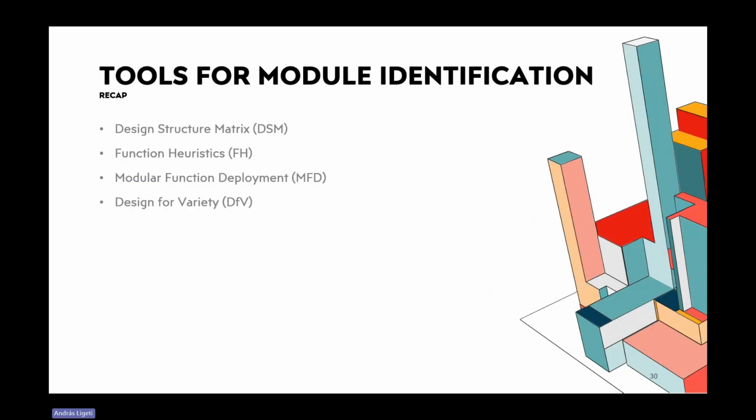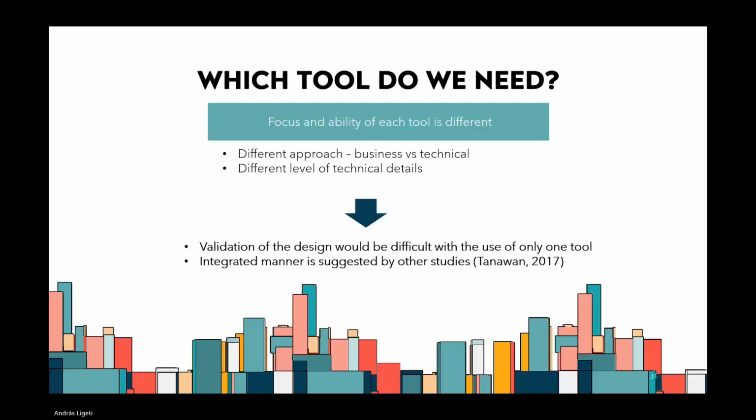So again, a quick recap. These were the tools that we discussed in the previous slides. Before we started to apply these tools, because we now have 4 tools, the question is, which tool do we need? That's the first decision that you have to make. If you take a quick view of these tools, it can be said that they have different approaches.